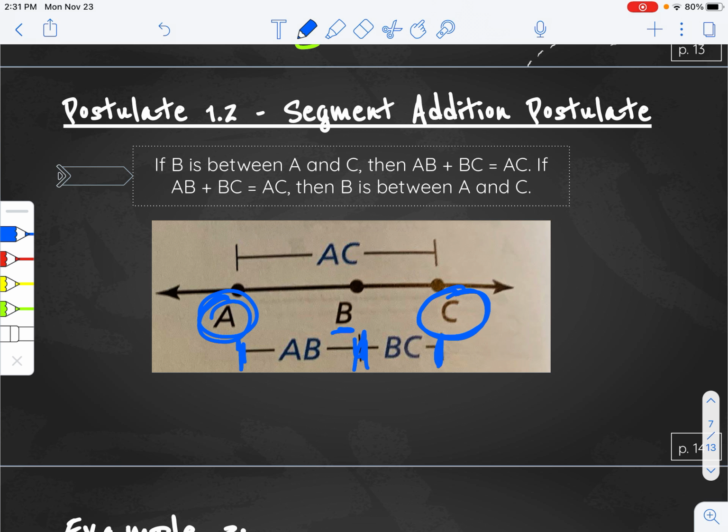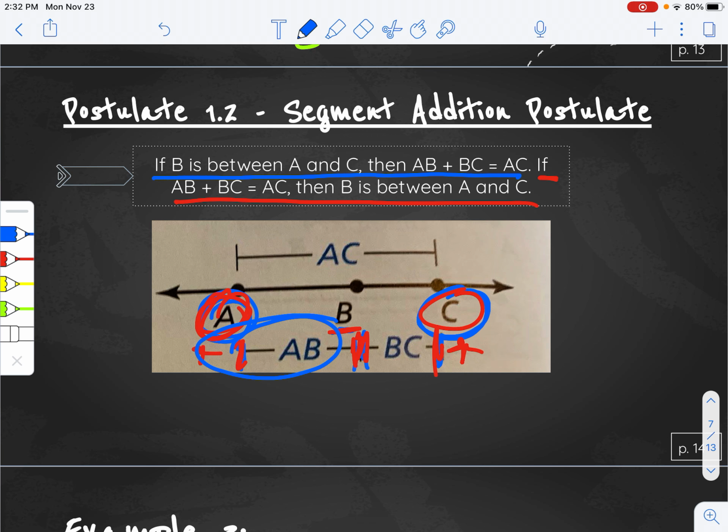And if AB plus BC equals AC, then B is between A and C. Those are two different sentences that are really saying the same exact thing.